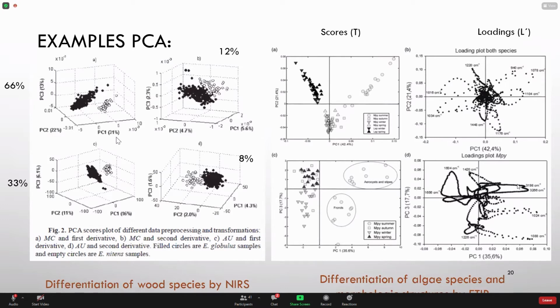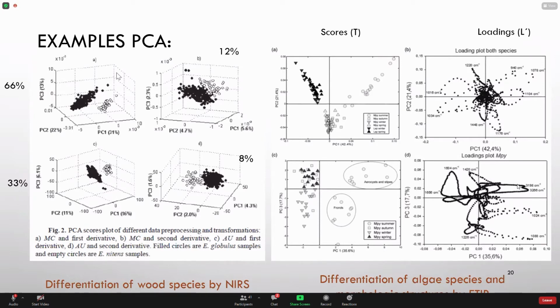Why? Because I can see here that with the PC1, I have 31% of explained variance. In total, using PC1 plus PC2 plus PC3, in this new spatial dimension, I will have around 66% of explained variance. So with this method, using maybe this kind of derivative, second derivative, I have just 12%, 8%, 33%.